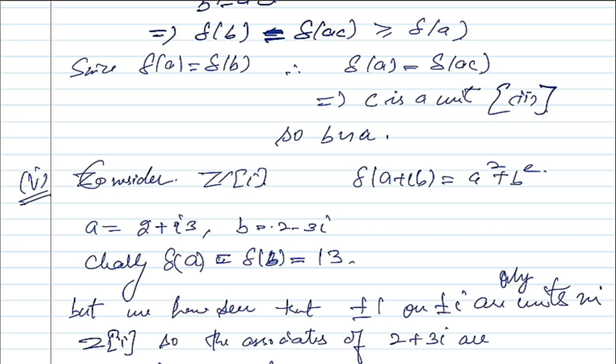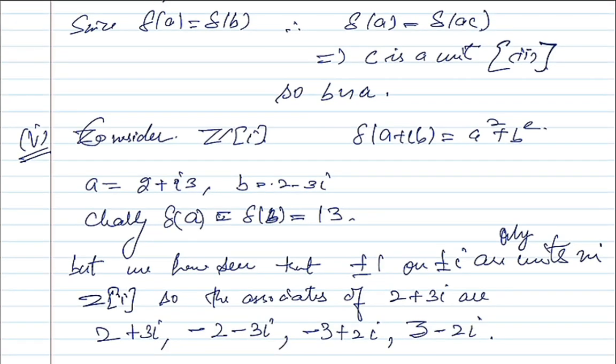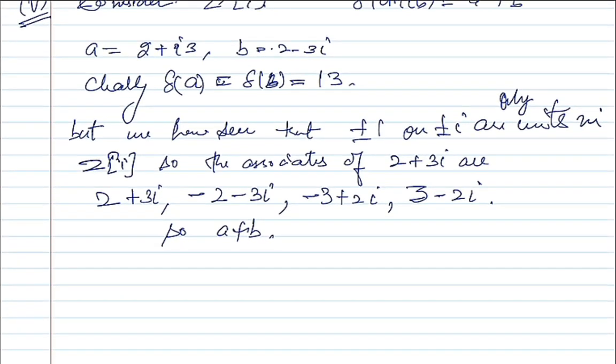When you multiply by iota, you will get minus 3 plus 2 iota, and also you will get 3 minus 2 iota. So nowhere will you get 2 minus 3 iota. So A is not associated to B. So equal valuation does not imply associativity. However, the converse is true, that if both are associates, then their valuation must be the same.